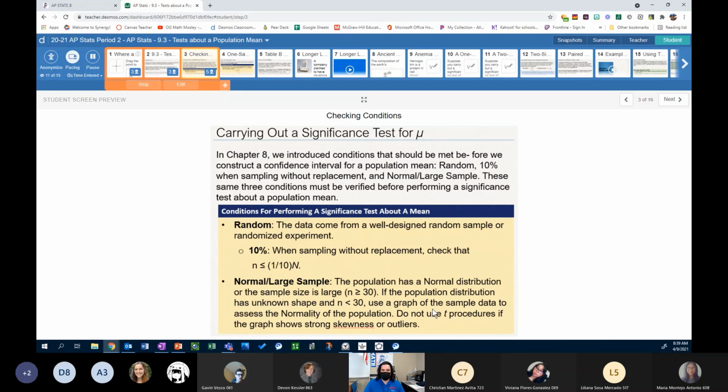If we're not provided that, then we just do the best we can based on the information we have. Hopefully, we get situations where we know the population has a normal distribution or the sample size is large enough. Otherwise, we have just a little extra work to do, but that's okay. So again, same 3 conditions.